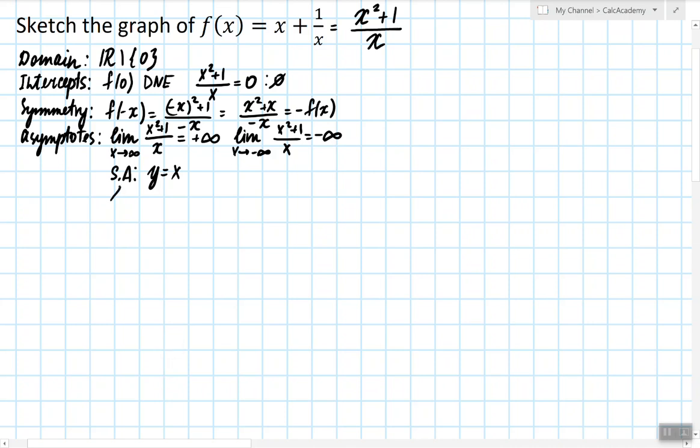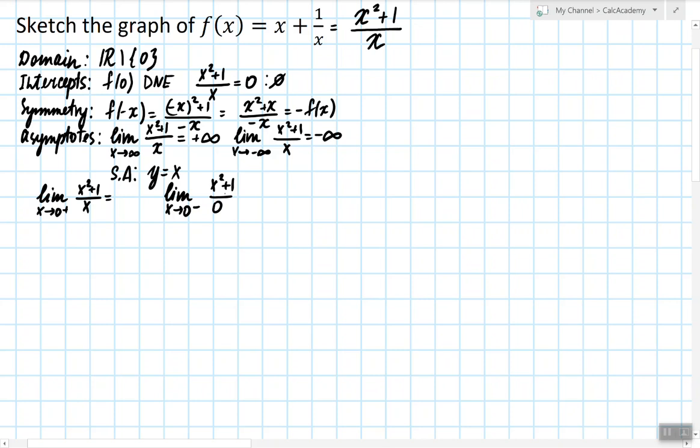To find the vertical asymptote, we consider the following limits as x approaches 0 from the right and as x approaches 0 from the left.